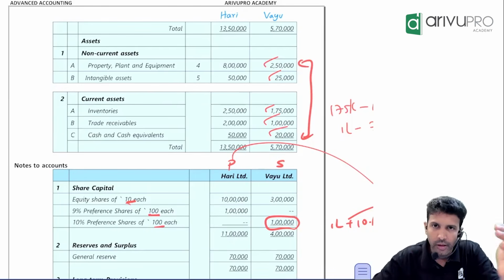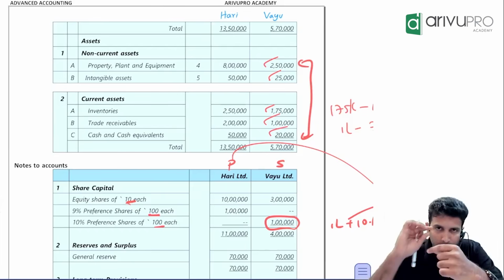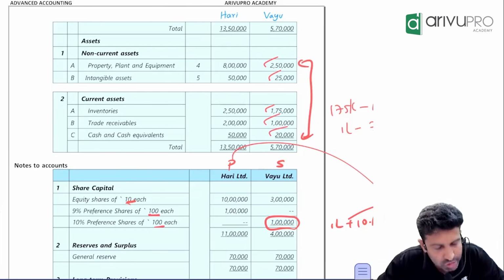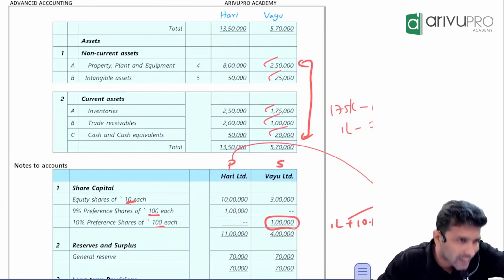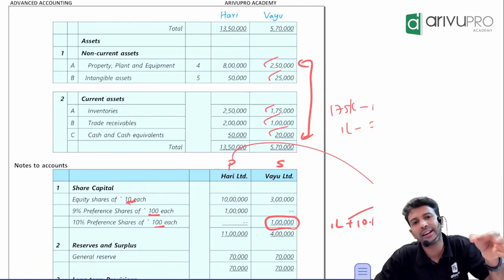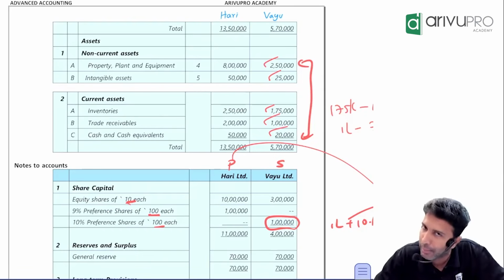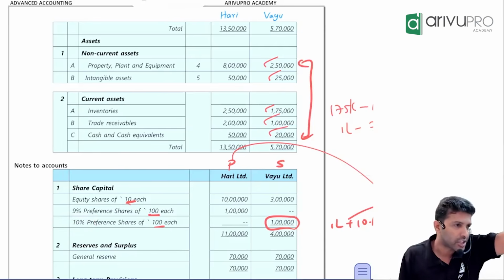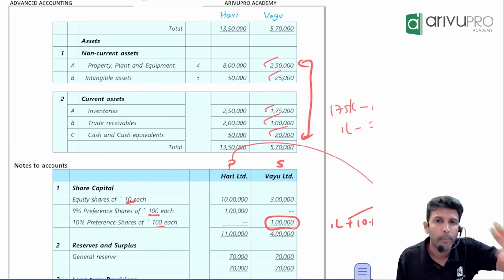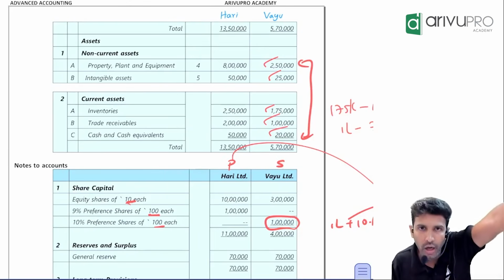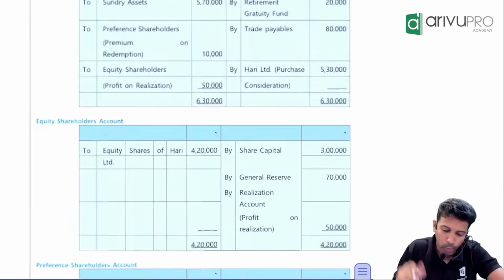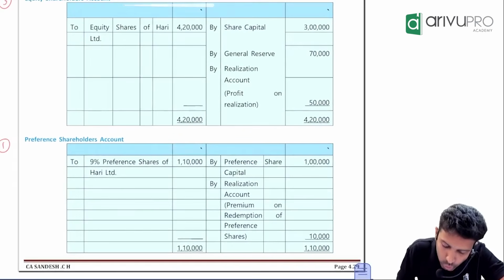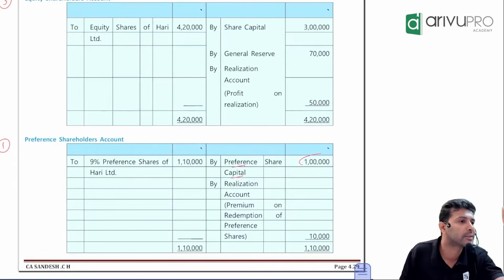Preference share capital you need to close. Preference share capital has a credit balance. Something which has a credit balance, how do you close? Debit. So the entry will be 10% preference share capital account debit to preference shareholders account. Now, when you post the same entry in the preference shareholders account, you will post it as by preference share capital 1 lakh.